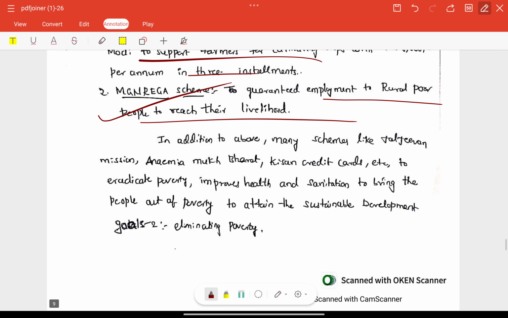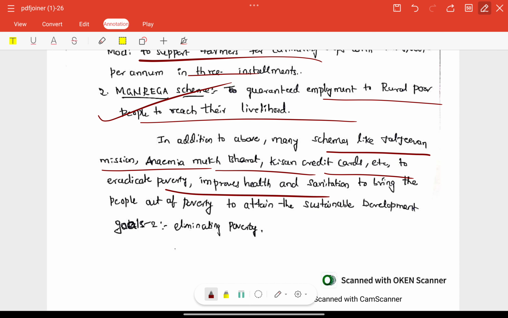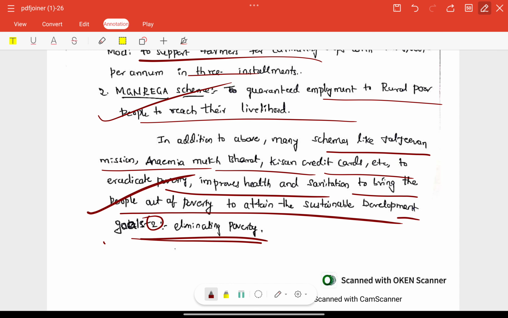Very good. In addition, many schemes like Jal Jeevan Mission, Anemia Mukt Bharat and Kisan Credit Cards eradicate poverty, improve health and sanitation to bring people out of poverty and attain the sustainable development goals, eliminating poverty. Very good. SDG 1 and 2.